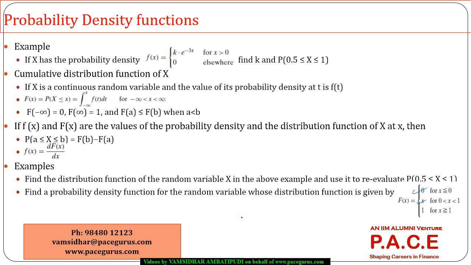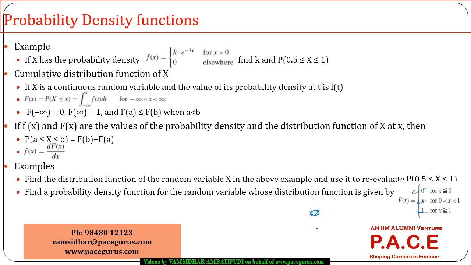So we are talking about the density function, so we have to do a differentiation to get the density function. It is differentiable everywhere except where x is equal to 0, and it is not differentiable where x is equal to 1. So we differentiate for x less than 0: the derivative of a constant is 0 itself.